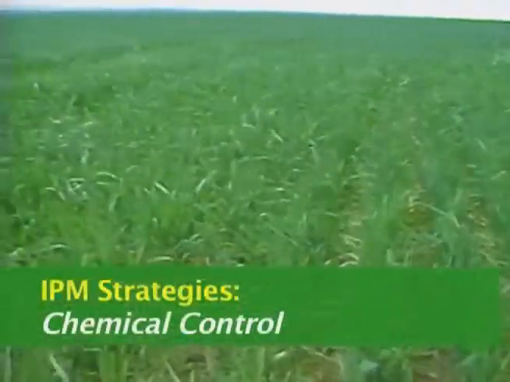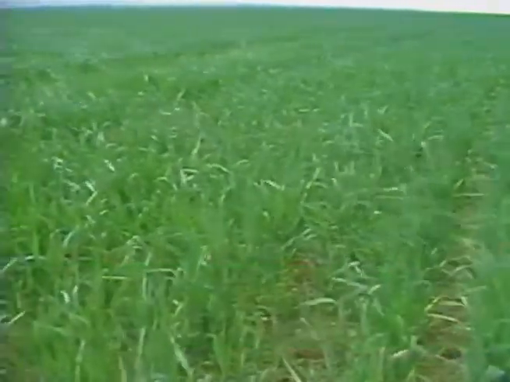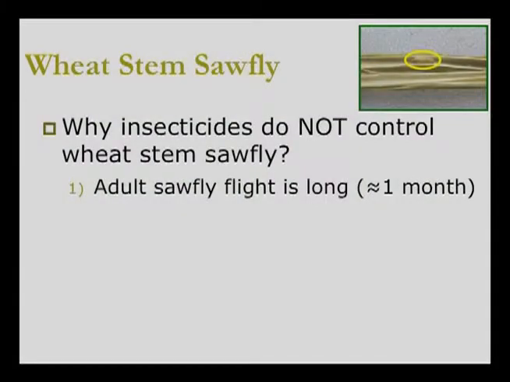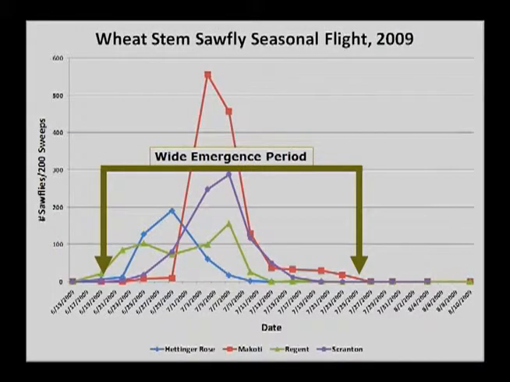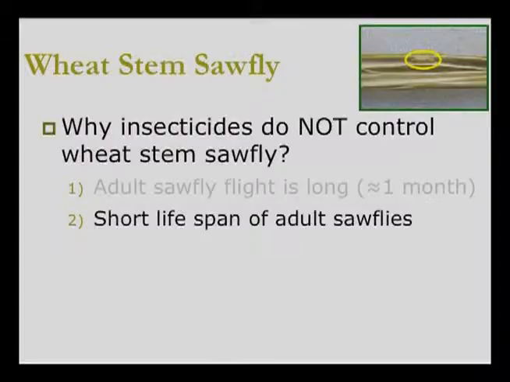Insecticides generally have not been effective against wheat stem sawfly. Possible reasons why insecticides are ineffective for pest management of wheat stem sawfly include: 1. Emergence period of adults is long, up to 1 month. 2.